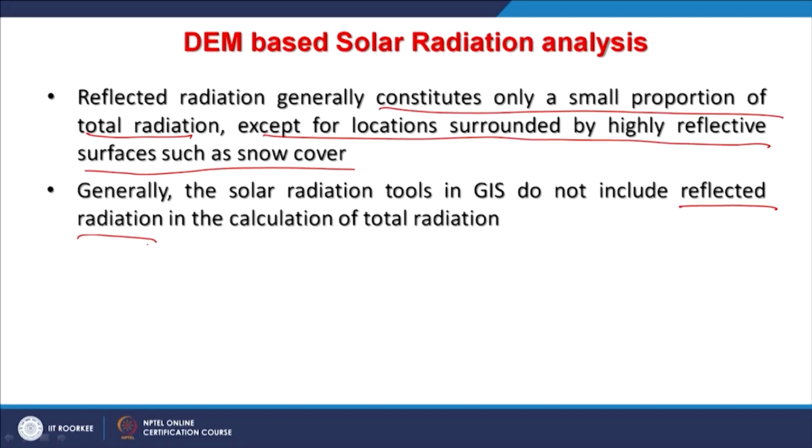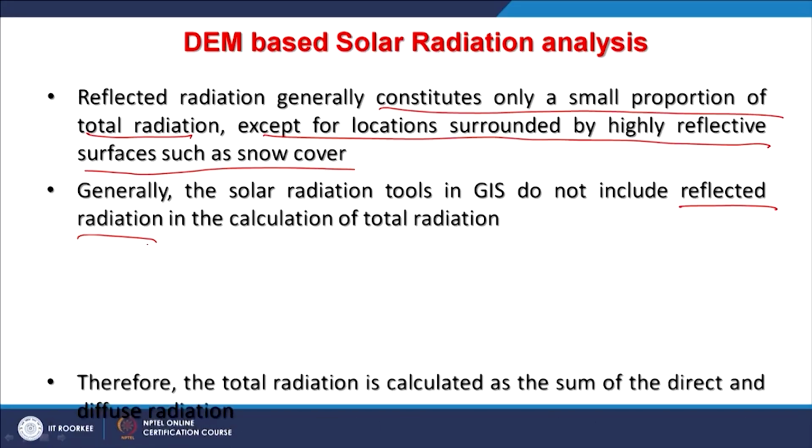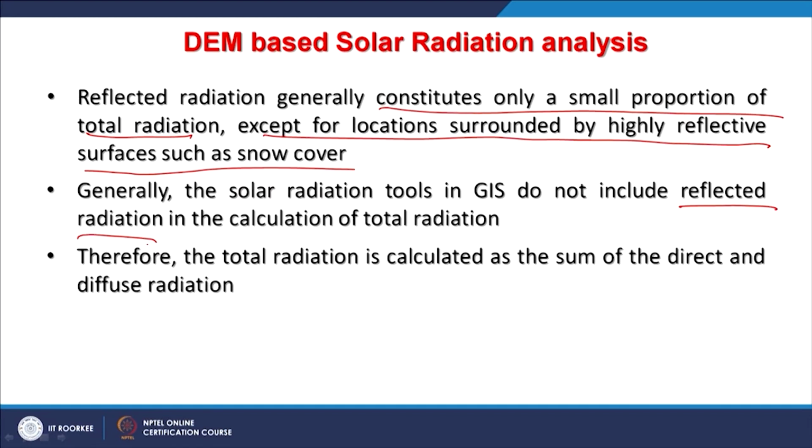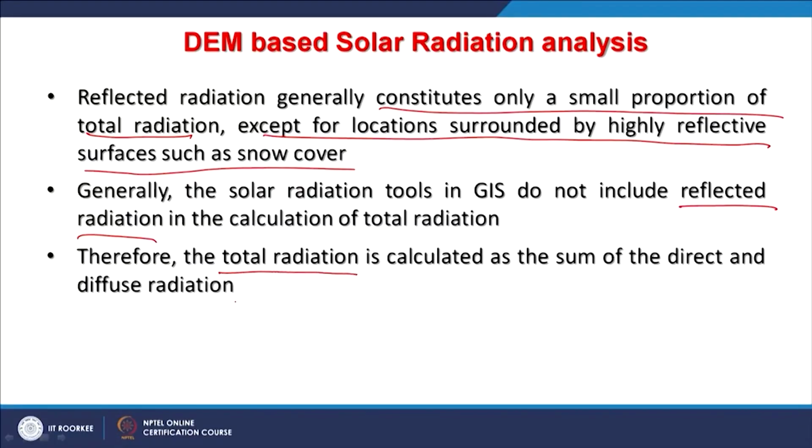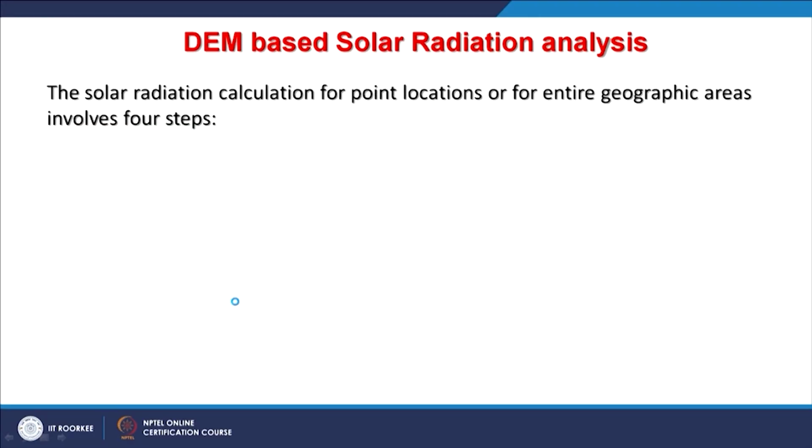Because what you are doing with GIS is modeling, and between the model and the real world there are always differences. Nonetheless, GIS tools are being exploited extensively to get these estimations about the potential of solar energy associated with a particular location. So, as I have just mentioned, the total radiation is calculated as the sum of the direct and diffuse radiation.